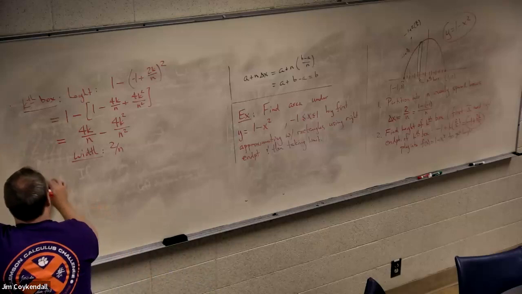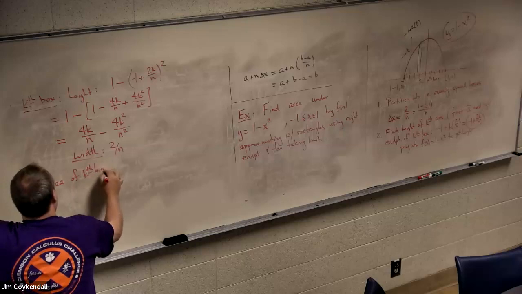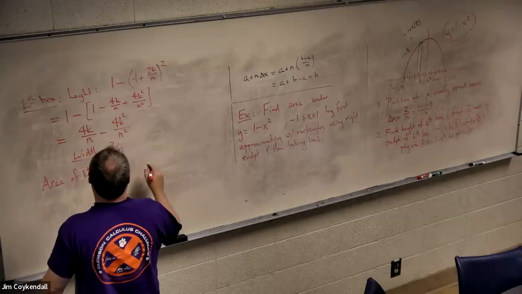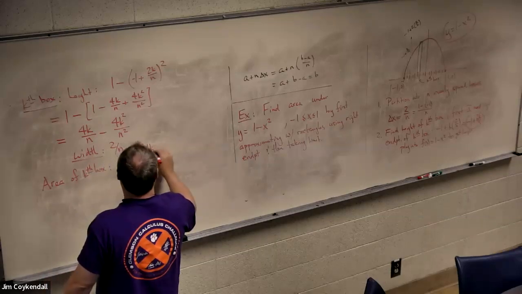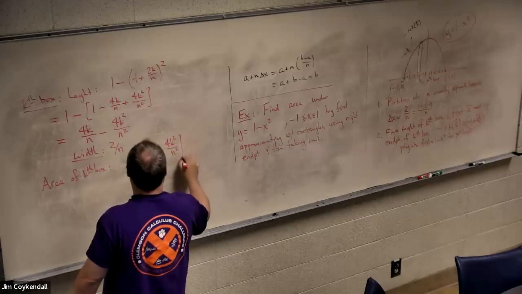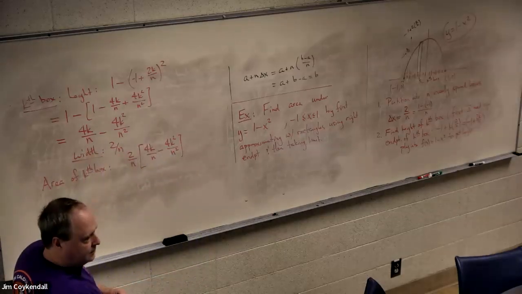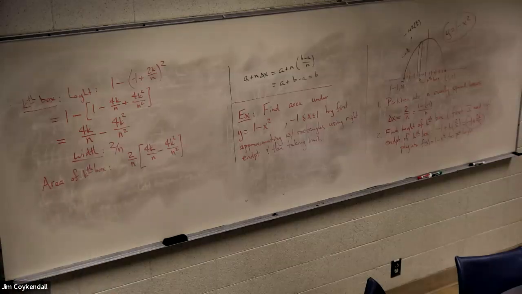So the area of the k-th box is 2 over n times 4k over n minus 4k squared over n squared. Any questions on this? Okay, now what?